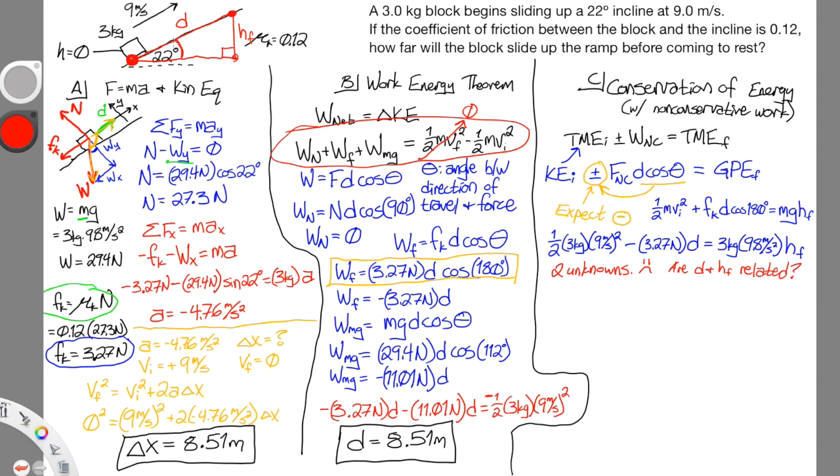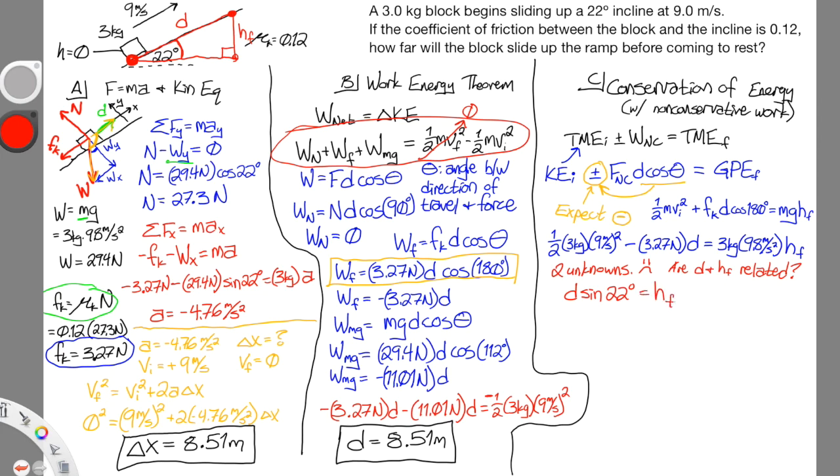So using a trig function, we can definitely relate d and h f to each other. The sine of 22 degrees is h f divided by d. Or written a more helpful way, d times the sine of 22 degrees equals h f.